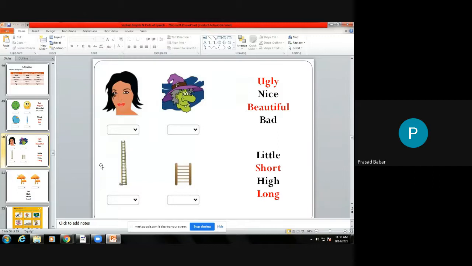Then for the third image, it is a long ladder, okay, long ladder. That is why we'll use long as an adjective. And for the fourth image, it is a short ladder, okay. So we'll use short as an adjective.